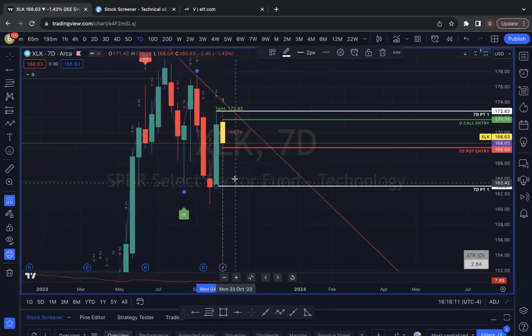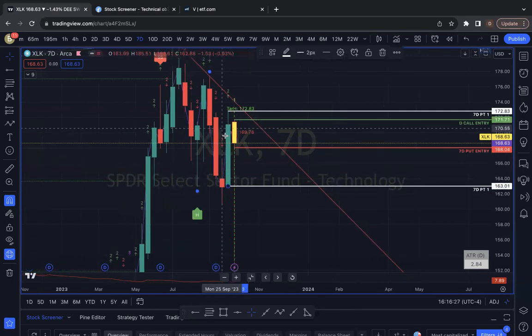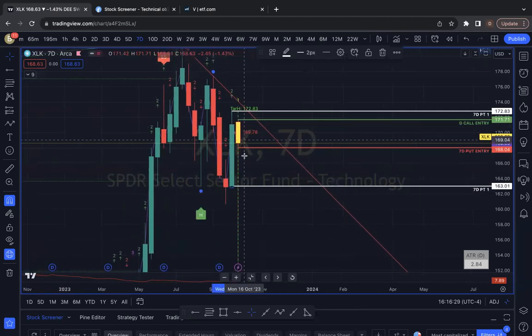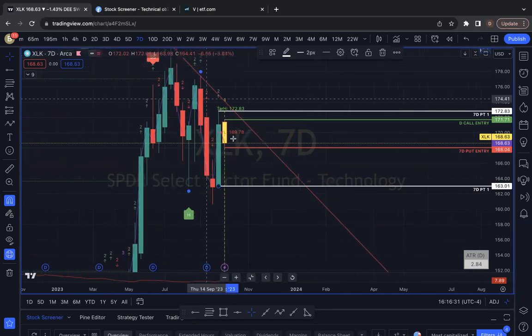Those other time frames may offer you an opportunity, such as this 7-day. Okay, we have an inside 7-day. This candle is closed, so I can plot on this. I can plot my call entries and my put entries. This is a closed candle. And now I can watch it play out. And now I can do my analysis on this inside candle in relation to the rest of the price and the other 7-day candles, right?